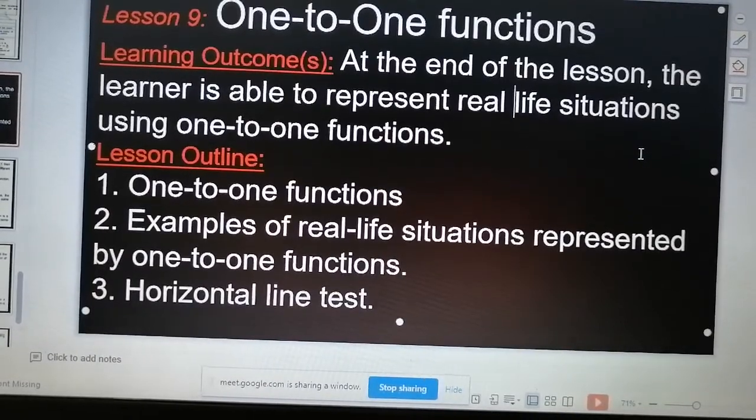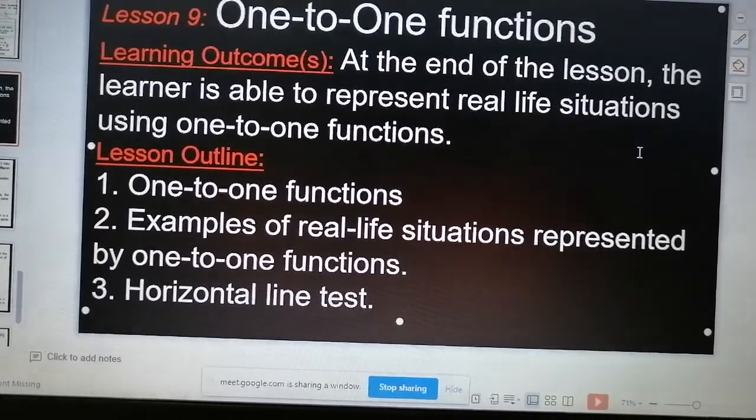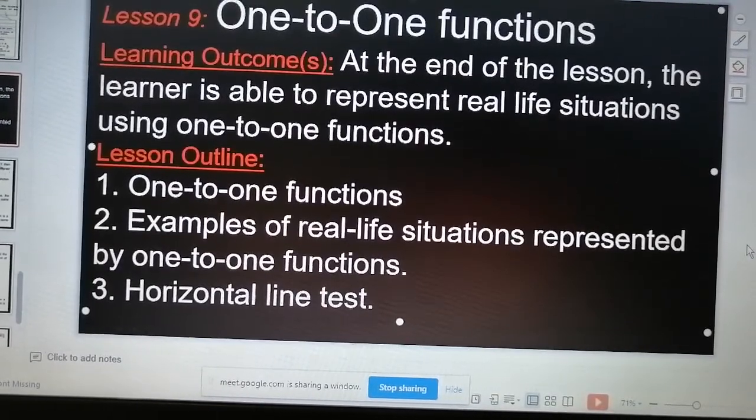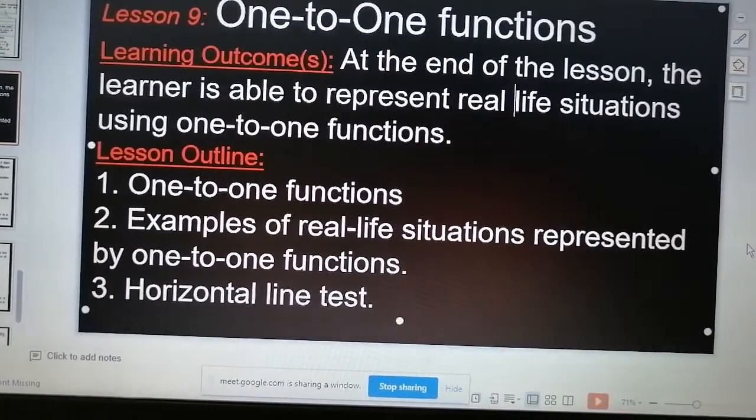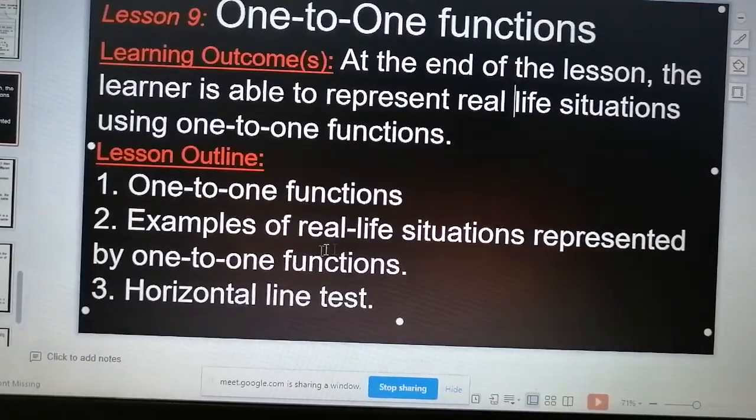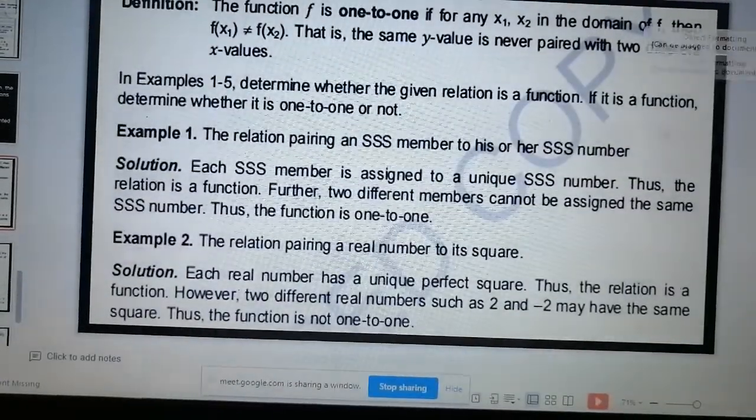Okay, lesson outline: 1-to-1 functions. Example of real life situation represented by 1-to-1 function or horizontal line test. Madali lang to, anak eh. Kaya pinahahapyawan ko lang kayo.